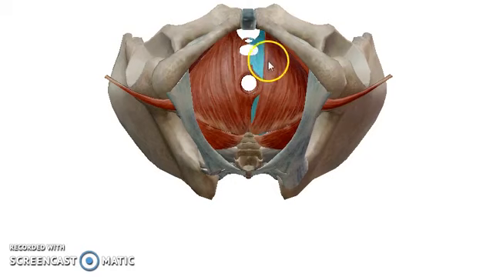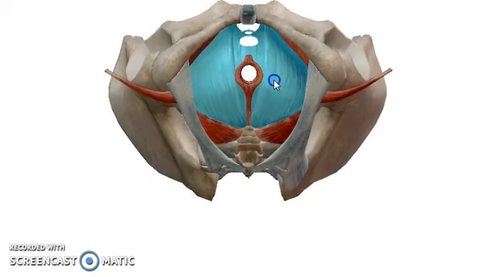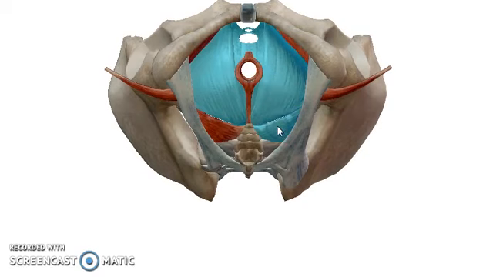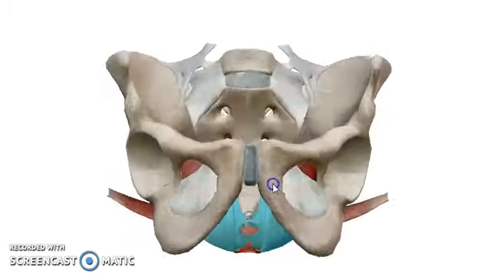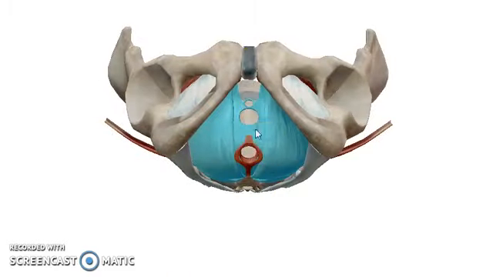This is the pubococcygeus part and iliococcygeus part of the left levator ani, meeting its fellow on the other side, the pubococcygeal part and iliococcygeal part of the right levator ani, and posterior to it we have left coccygeus muscle and right coccygeus muscle. And now these muscles form a diaphragm separating pelvic organs above it from perineal organs below it.